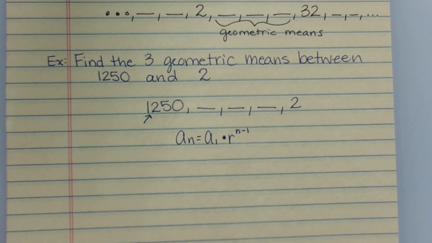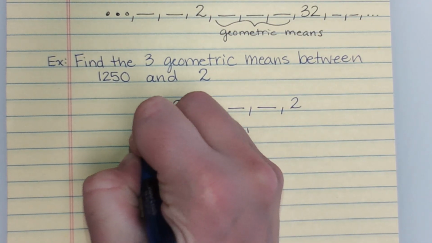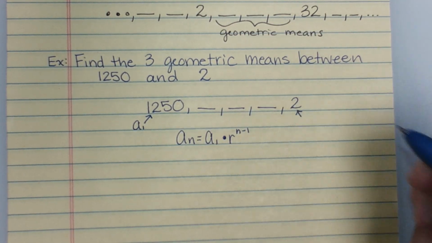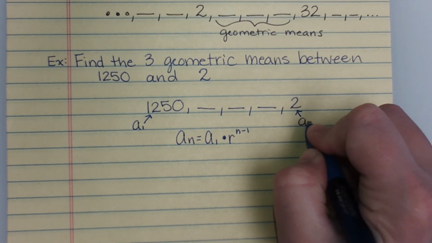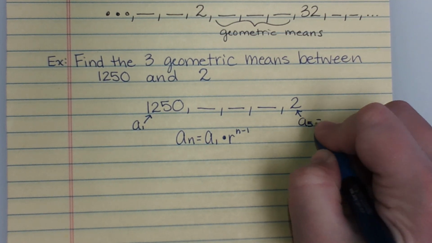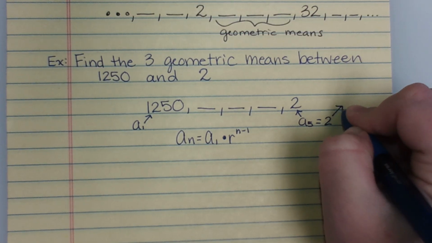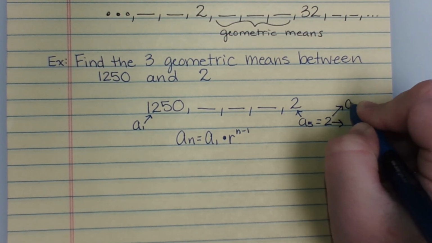What are we going to call that thing? A sub 1. What are we going to call this one? Nope, not a sub n. Well, kind of. I just want it a little more specific. A sub 5. Now, a sub 5 being 2 does give us a sub n.